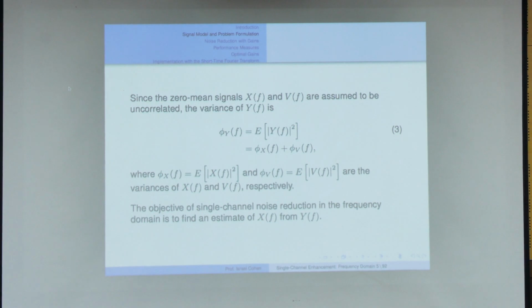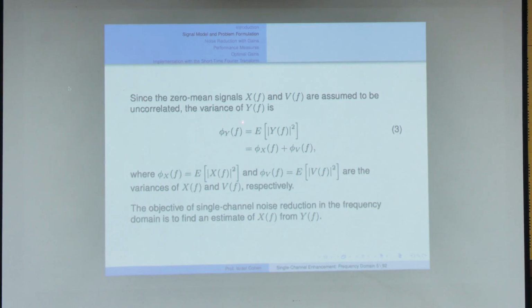Okay, so we can define the variance of the noisy measurement in each frequency. So actually, if we work on each frequency independently, we can remove the dependence on f, okay? Because we work on each frequency independently.